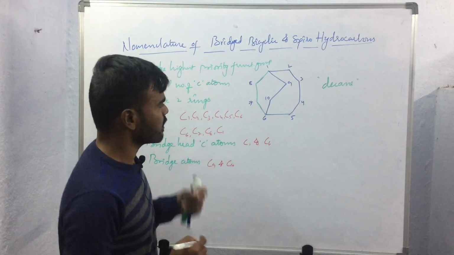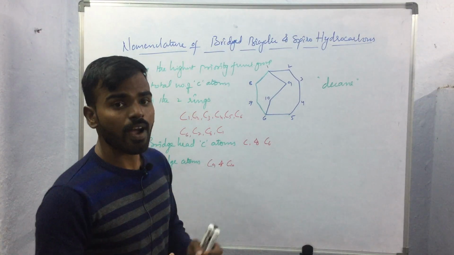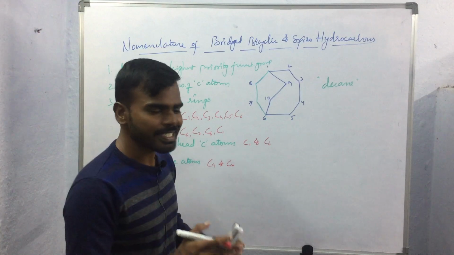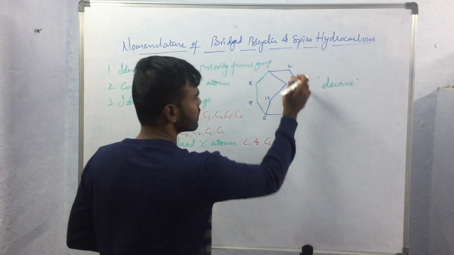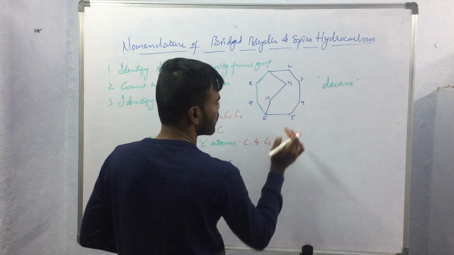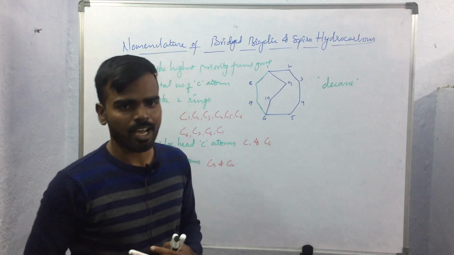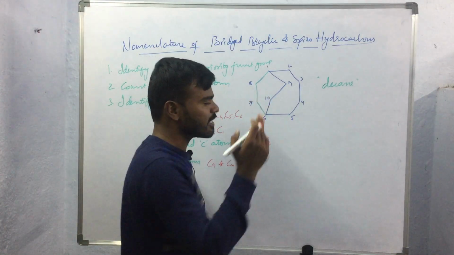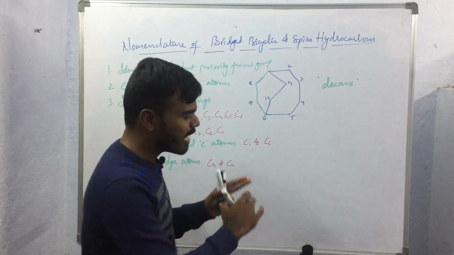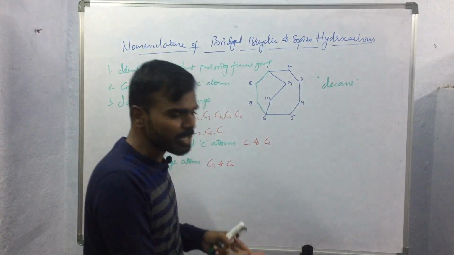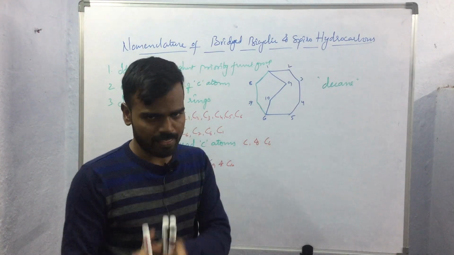Now after this, what we have to do is count the number of atoms present in each path. But before that, we have to give numbering to the carbon atoms. This numbering will start at one bridgehead carbon atom and continue to the second bridgehead carbon atom in the longest possible path.